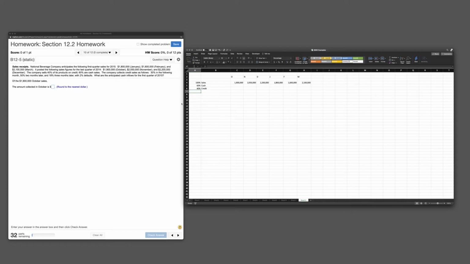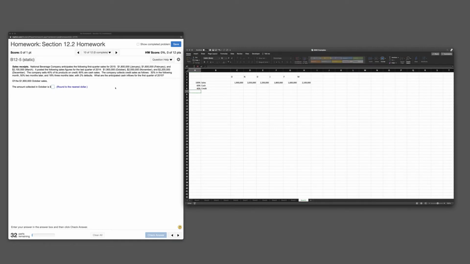Now with the credit, we also have to anticipate when we're actually going to be collecting that money. When we talk about collecting, that's actual cash that's going to be received in that month. So if in the current month we have credit sales, we're not going to get that cash in that month. We're going to get it later on. So that's what the next few categories represent. 30% in the following month.